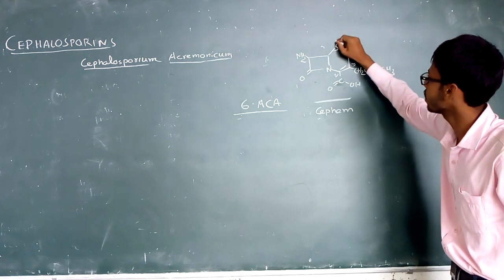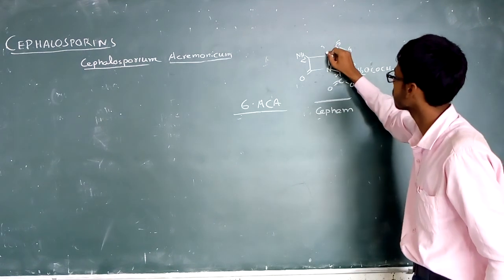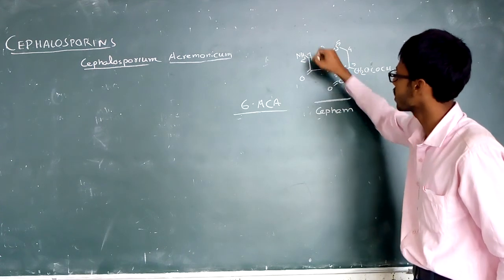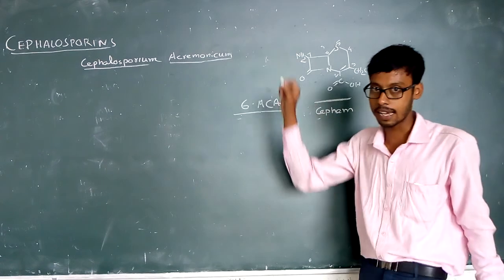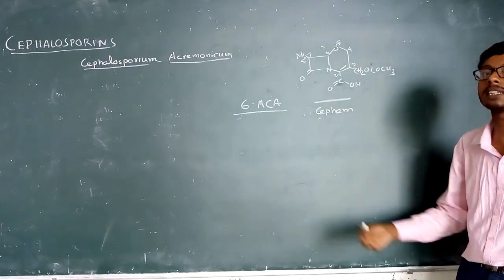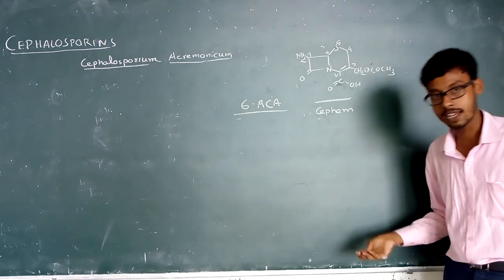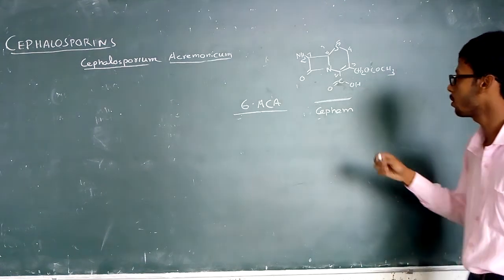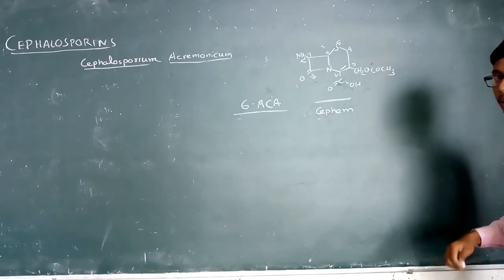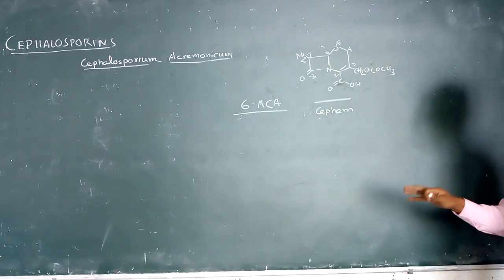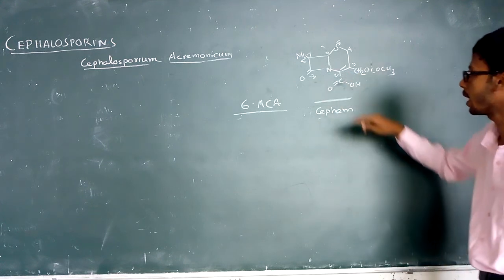The 4th and 5th positions contain sulfur in the ring system, and the 6th and 7th positions carry the amine group, which further carries the acyl side chain. By changing R of this nucleus we may produce various analogues of the cephalosporin, and at the 8th position this is the oxo group, as we already saw in the penicillin derivative, the beta-lactam ring.